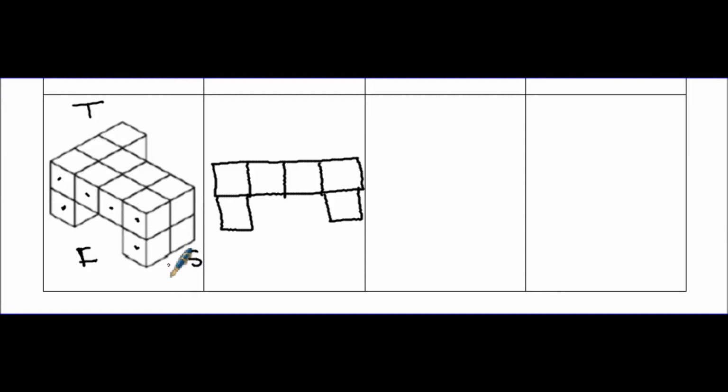From the side, looking at the right side, we can see that we have 2 blocks on the bottom, so we're going to draw those 2 blocks on the bottom, and I can also see that there are 2 blocks above these 2 blocks, and we're going to draw them here.